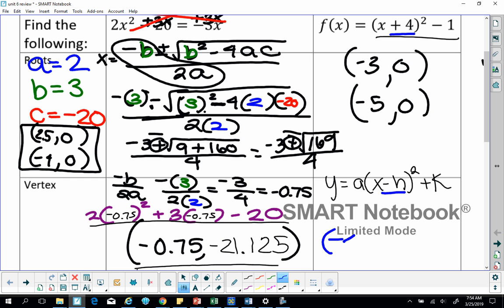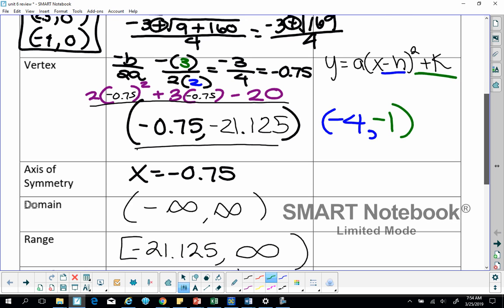Negative 4, right? And then I know it's the same as k, because it says plus k. So it would be negative 1. That's my vertex. You could even put it into your table if you forget that, or just to make sure, and see that when you put it into table, that negative 4, negative 1 is the one sandwich.